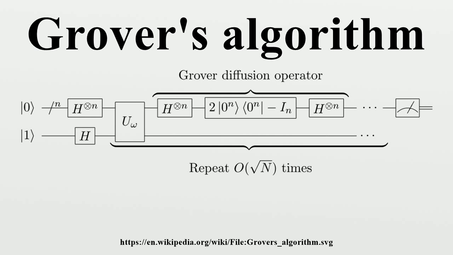Optimality. It is known that Grover's algorithm is optimal. That is, any algorithm that accesses the database only by using the operator U_omega must apply U_omega at least as many times as Grover's algorithm. This result is important in understanding the limits of quantum computation.